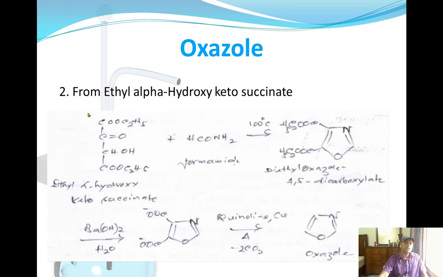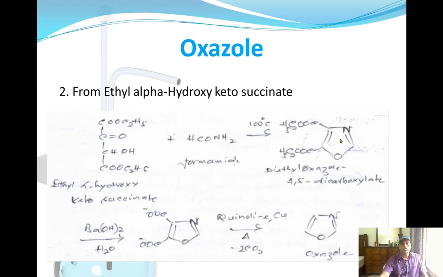This is one ester group, this is another ester group, and instead of OH at position 2 you have a keto group. So it is ethyl alpha hydroxy keto succinate, with the hydroxy group at the alpha position of the keto group.